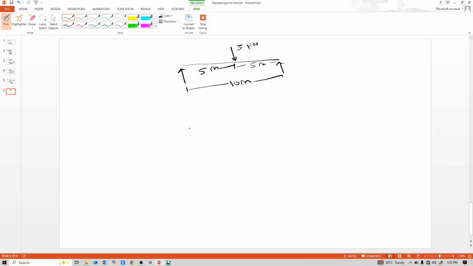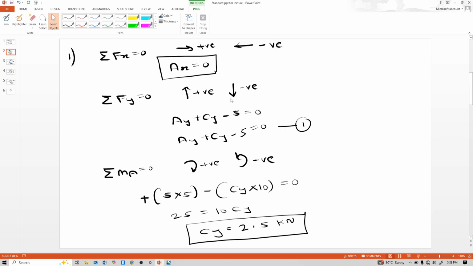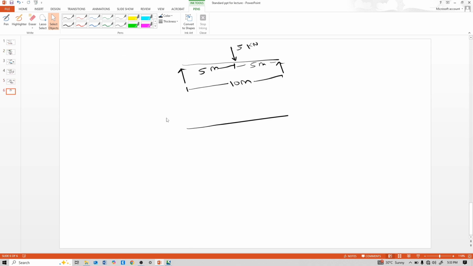So see here CY, there is 2.5 kilonewton reaction. We need to draw it neat.